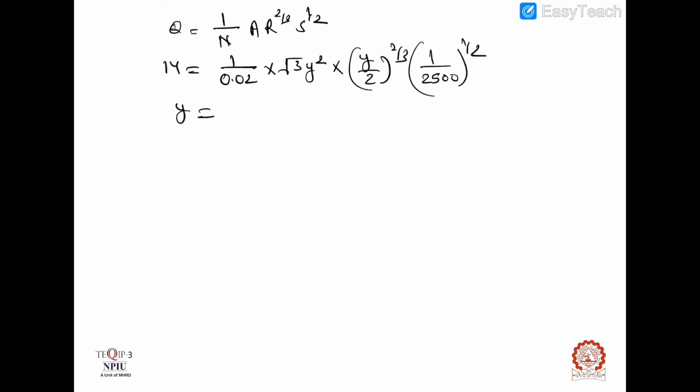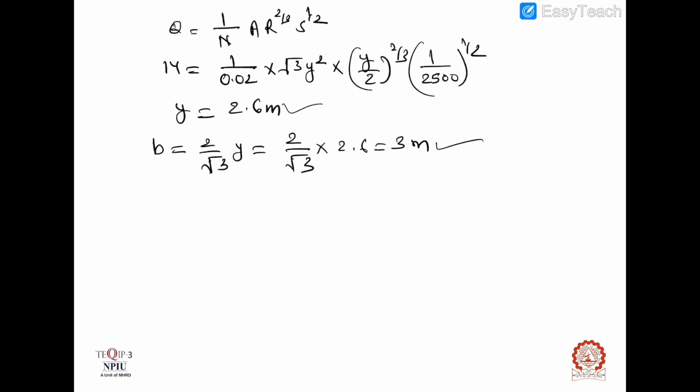After solving this, we will have y is equal to 2.6 meter, and we know the relation between b and y, that is b is equal to 2 by root 3 y. Substitute value of y, we will have bottom width of the channel 2 by root 3 multiplied by 2.6, that will be 3 meter. Okay, so these are the dimensions of the trapezoidal channel for most economical condition.